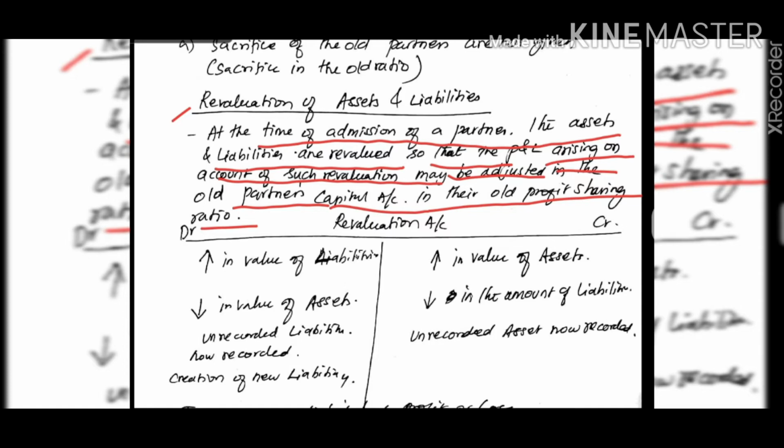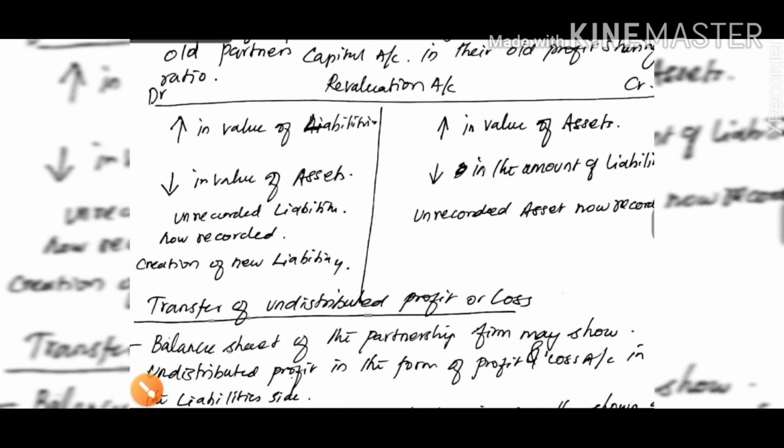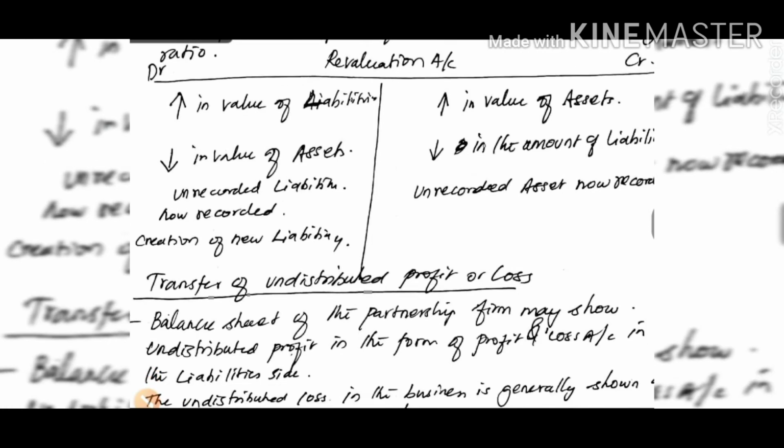Any gain or loss derived through revaluation of assets and liabilities will be shared among the existing old partners in the old ratio. Next, we'll move on to the revaluation account. To prepare a revaluation account, as usual, revaluation account format, debit, credit, etc.